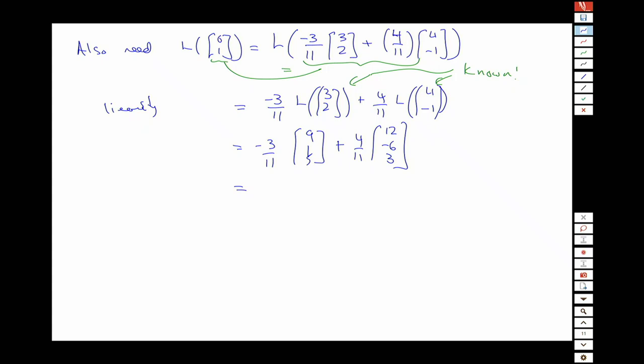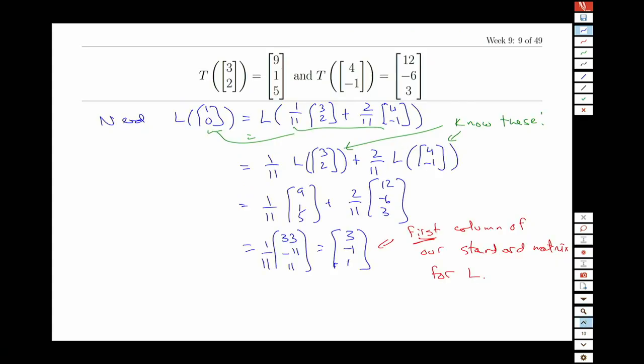Nope. I thought they worked out nicer than this. I'll keep going. Sorry, I'm getting a weird number here. That's unexpected. Oh, it's 48. That's because I can't do math. Minus 27 plus 48. No, that's not right either. Damn it. 3 over 11 and 4 over 11 are in the wrong order.